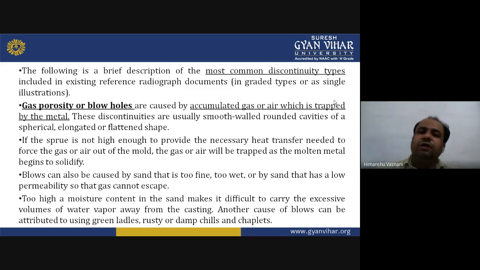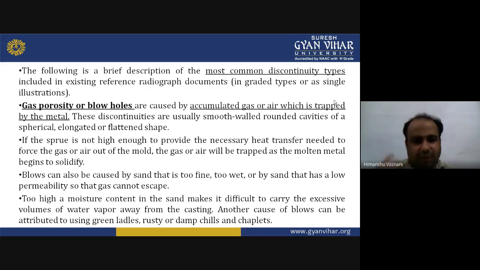Now, these discontinuities are smooth-walled rounded cavities of a spherical, elongated or flattened shape. They have different shapes. If the screw is not high enough to provide the necessary heat transfer needed to force the gas or air out of the mold, the gas or air will be trapped as the molten metal begins to solidify.